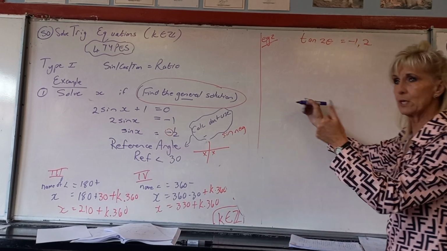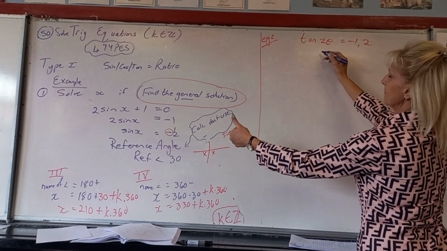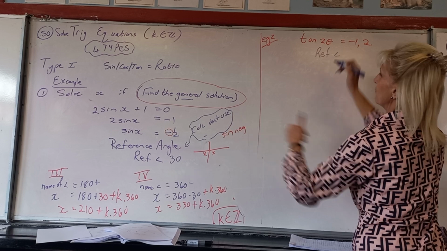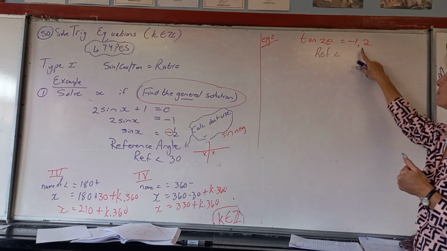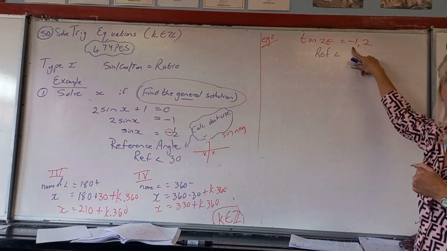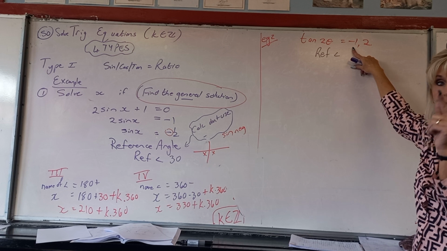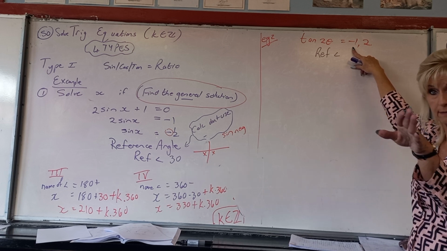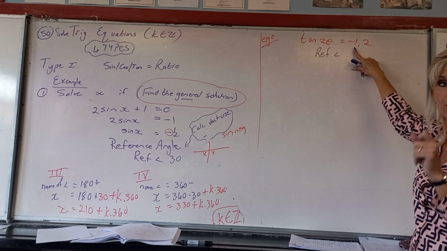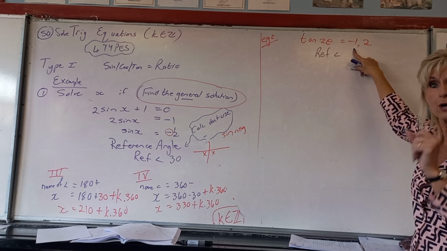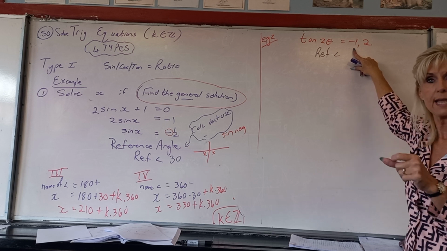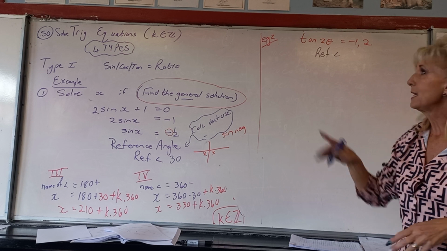So first of all, what's my first step? Find the reference angle. How? What do you put in your calculator? Positive. Yes. Shift tan of positive 1, 2. So you're going to get the reference angle as an acute angle. Is that an answer?